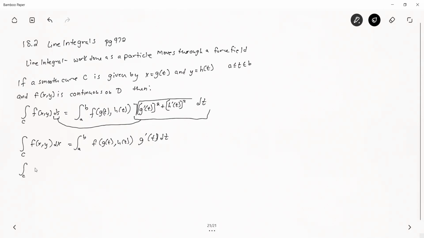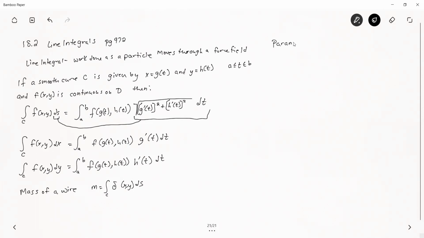And if we do the line integral over C of f of x, y dy, well, that's given by the integral from a to b, or c to d if you want to think of it that way, of f of g of t, comma, h of t, times h prime of t dt. And if we're trying to calculate the mass of a wire, this is going to be m equals the integral over our curve of rho of x, y ds.